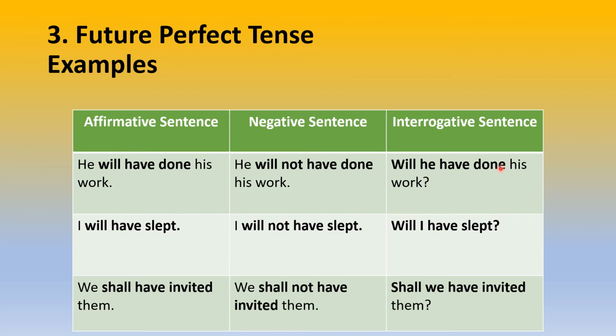Will he have done his work? I will have slept. I will not have slept. Will I have slept? We shall have invited them. We shall not have invited them. Shall we have invited them?